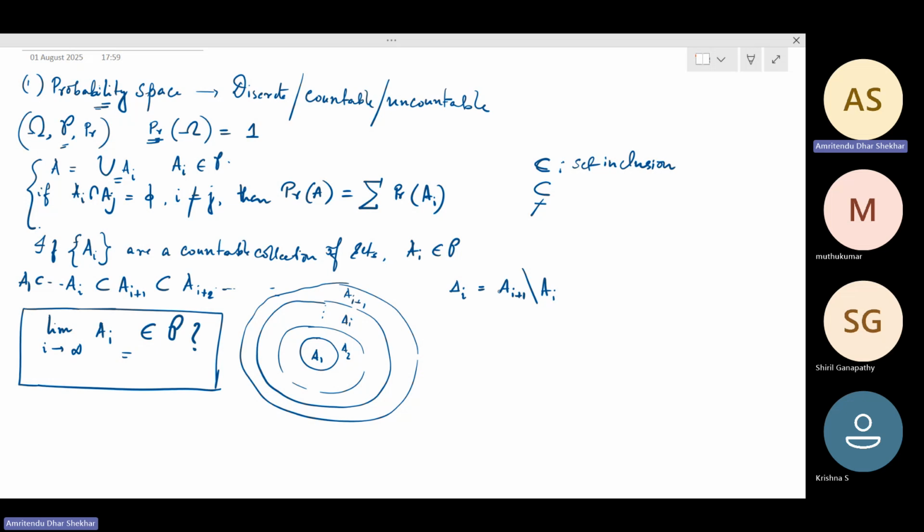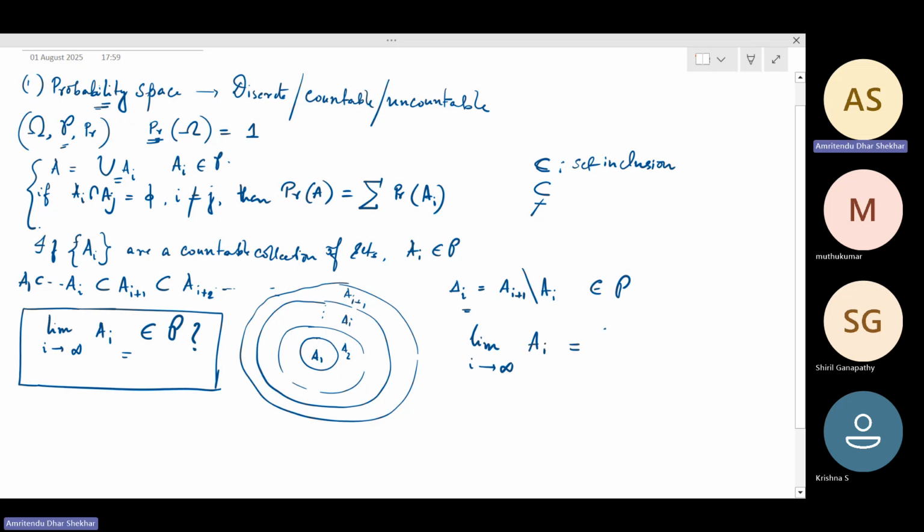Okay. So if you have a sequence of sets like this, each of these sets A_i belongs to the sigma algebra, and therefore this delta_i also belongs to the sigma algebra. Now the union. Just to rewrite, what is this limit as i tends to infinity of A_i?